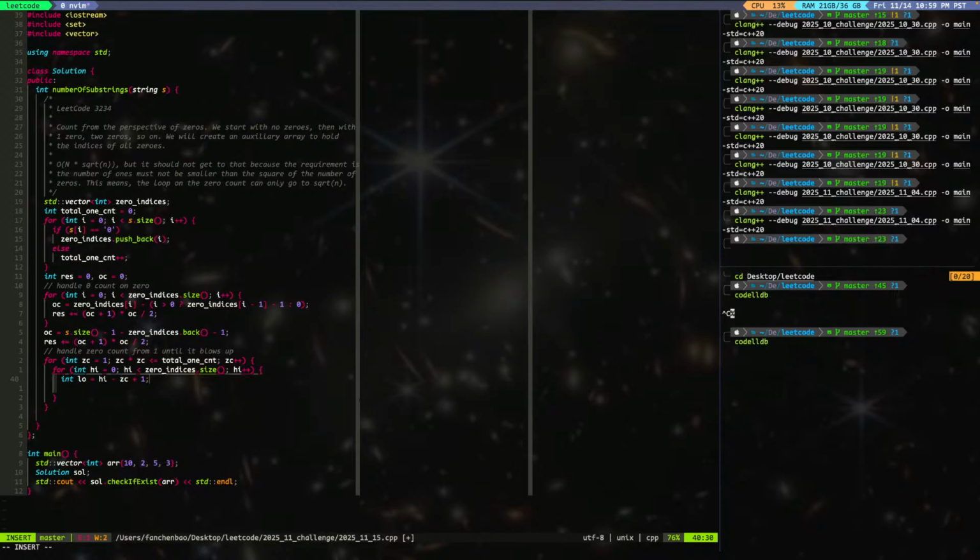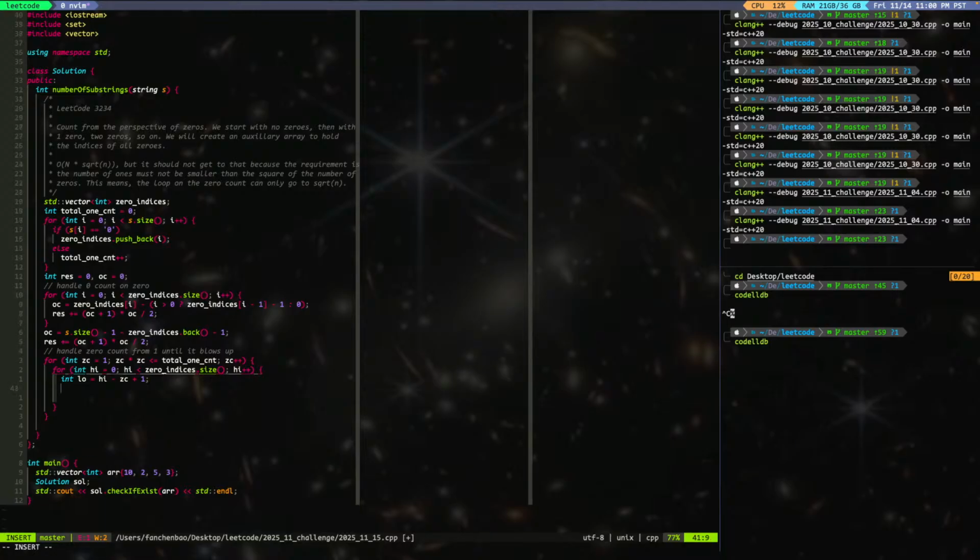So like 0, 1. Let's say 0 and 2. Oh, that's actually not right. Oh, hold a second. This is 0 indices. So if it's 1, if it's 2, minus 1 plus 1. Yes, that's correct. So there's a low and a high.